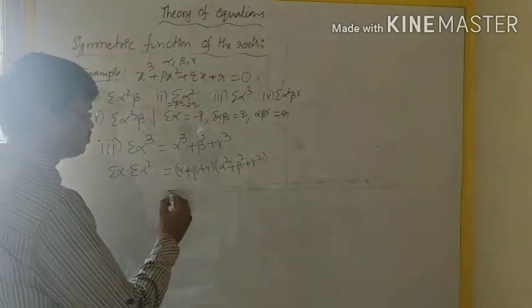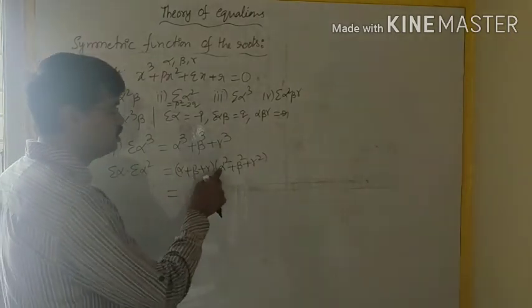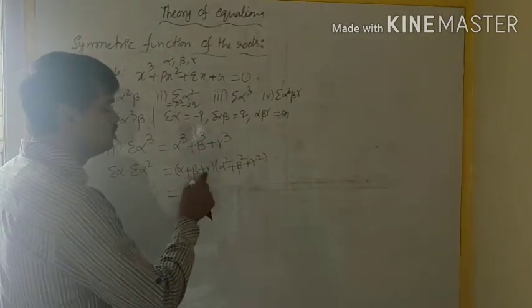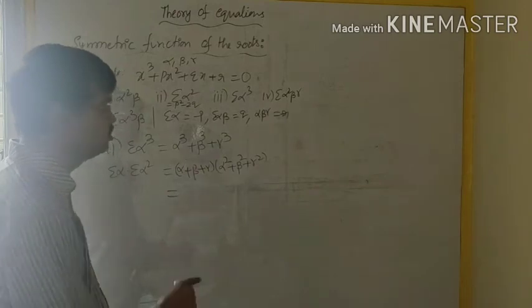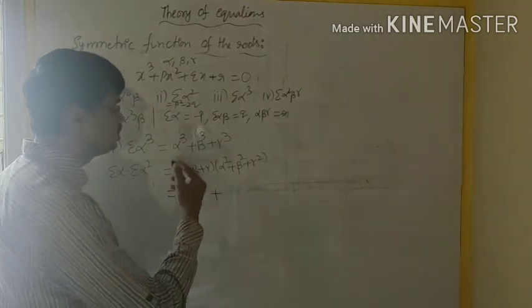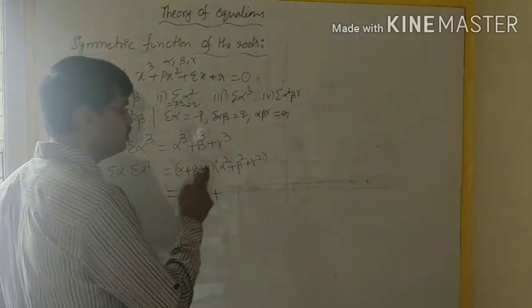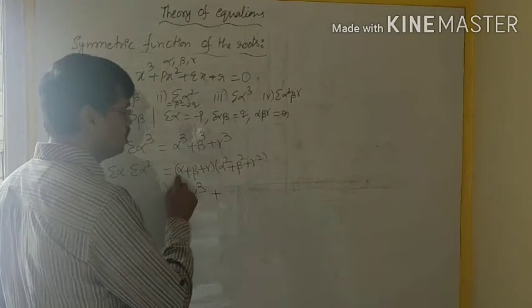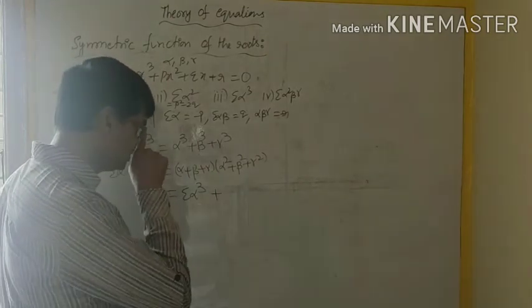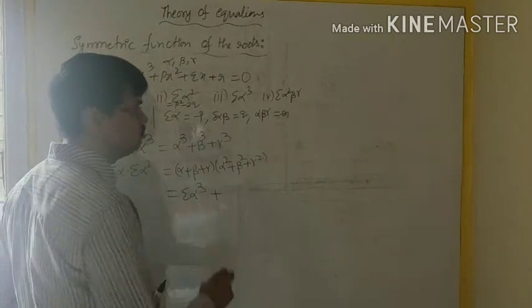Now you check: alpha into alpha square is alpha cube, beta into beta square is beta cube, gamma into gamma square is gamma cube. So you will get this expression, that is sigma alpha cube. Other than that, the remaining terms: alpha into beta square, alpha beta square; alpha into gamma square, alpha gamma square. Next, beta into alpha square, beta alpha square; beta into gamma square, beta gamma square.